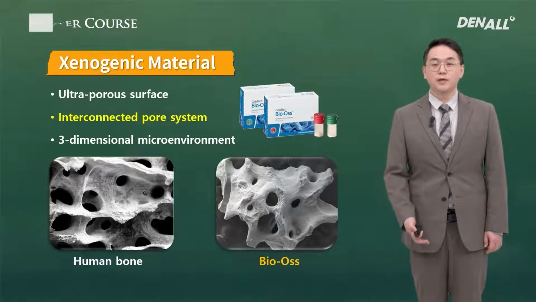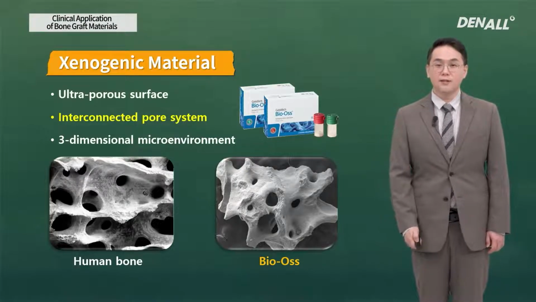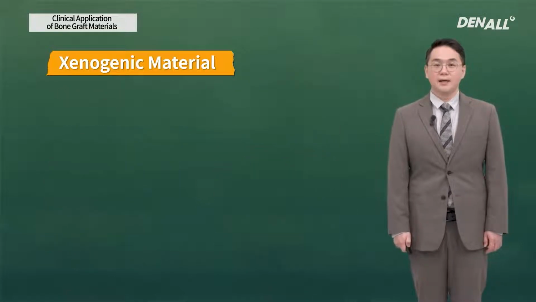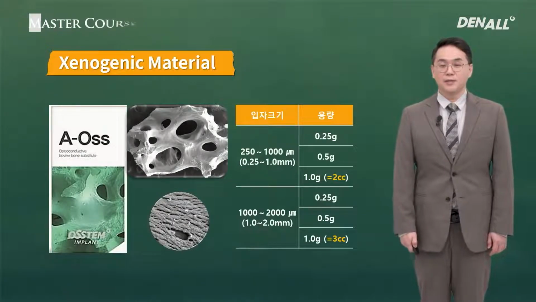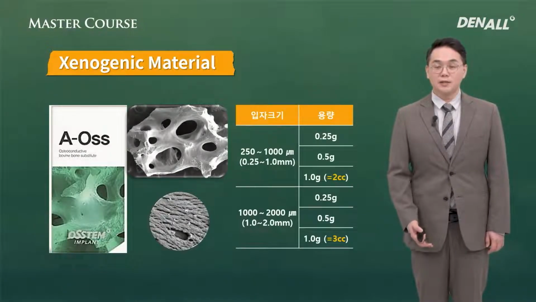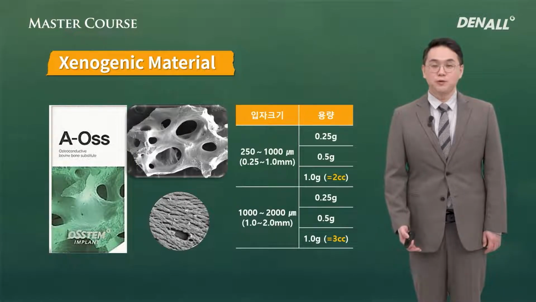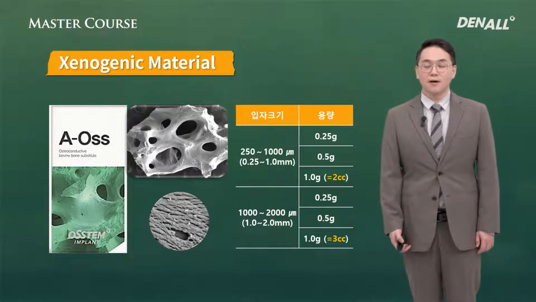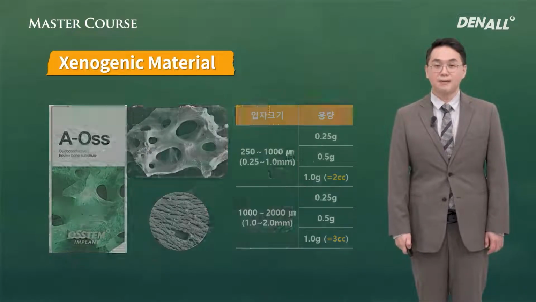Cow's femoral cancellous bone is treated at low temperature, which has very similar cancellous bone as human. Osstem's AOS is very similar to that. A bone graft material based on bovine bone. Like BIOS, it is treated at low temperature. The structural similarity to human is maintained.